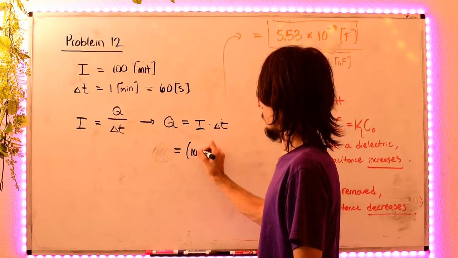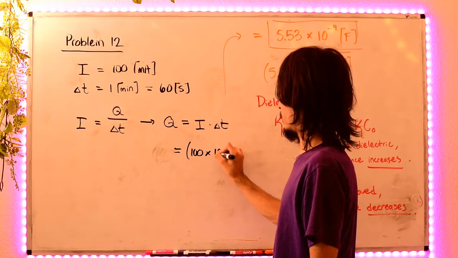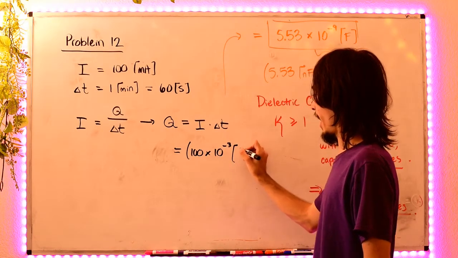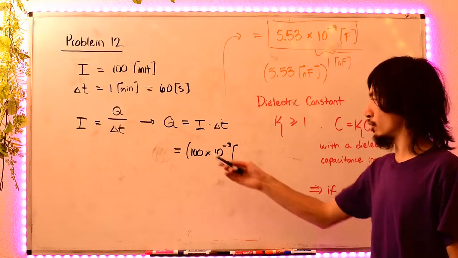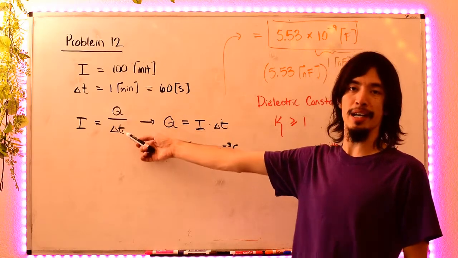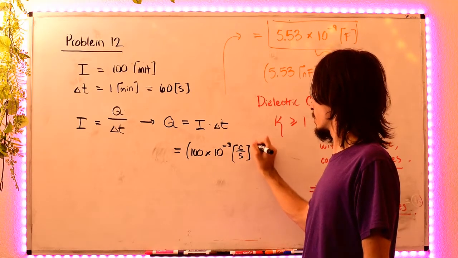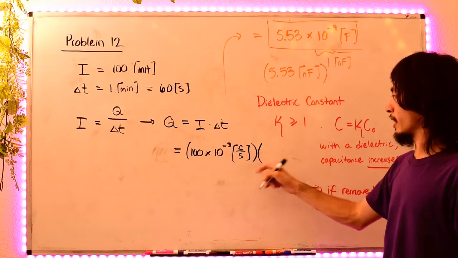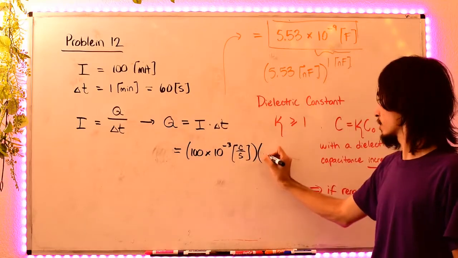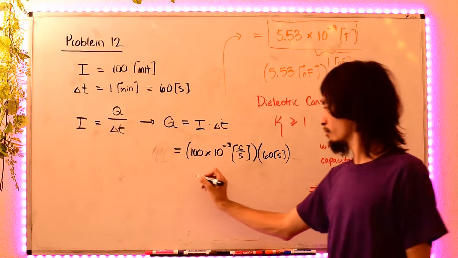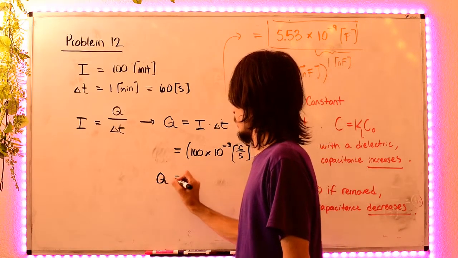So 100 times the value for milli, which is 10 to the minus 3, amps, which breaks down into coulombs divided by seconds. So coulombs over seconds, just to emphasize the unit cancellation with the 60 seconds. At the end of this, regardless of what you do, you should get coulombs.